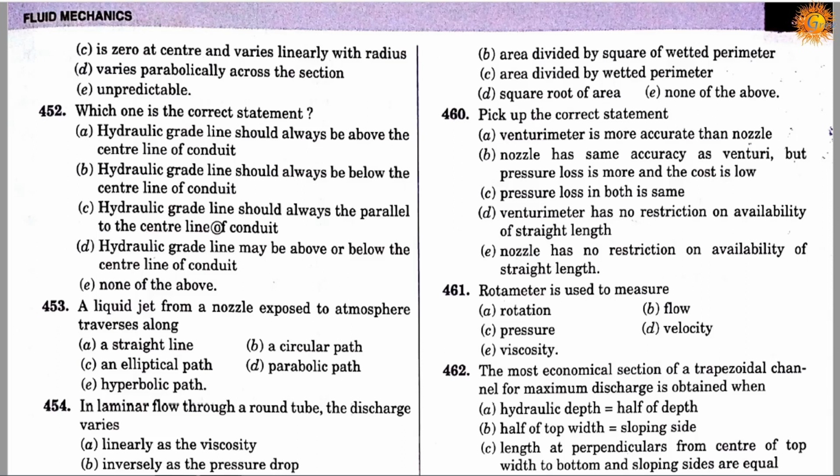Option C, hydraulic grade line should always be parallel to the center line of conduit. And option D, hydraulic grade line may be above or below the center line of conduit. And option E is none of the above. So correct answer is D, hydraulic grade line may be above or below the center line of conduit.